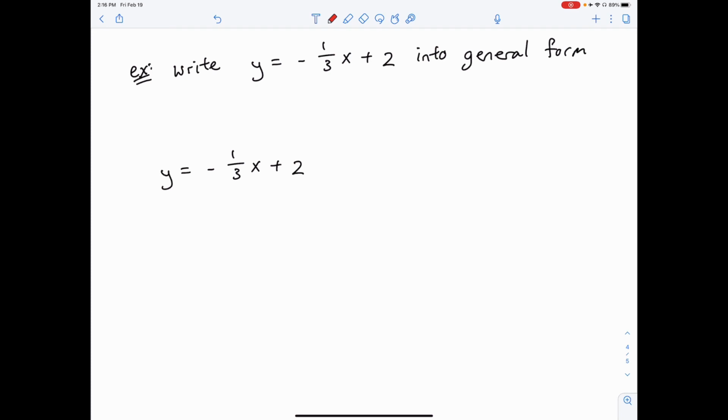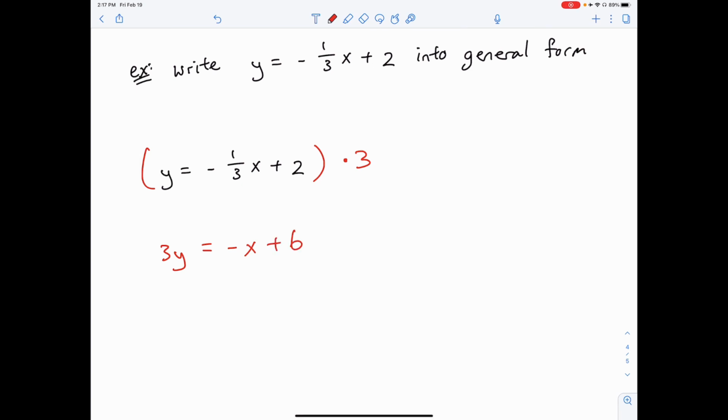To get rid of fractions, you basically multiply the whole equation by the common denominator. In this example here, only 3 is a denominator. So we're going to multiply the whole thing here by 3. Remember, every single term gets multiplied by 3 to make sure that it is fair. So we end up getting 3y equals -x plus 6.